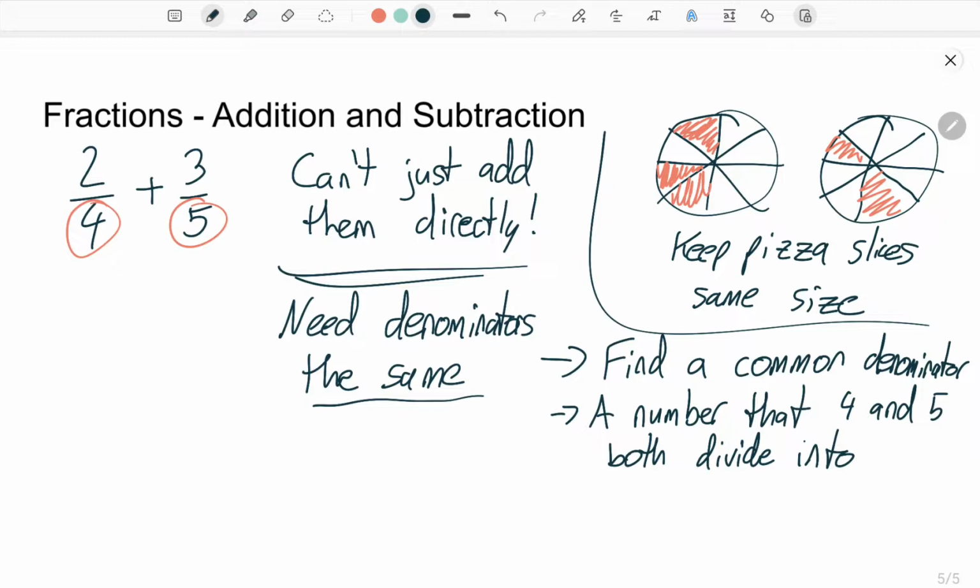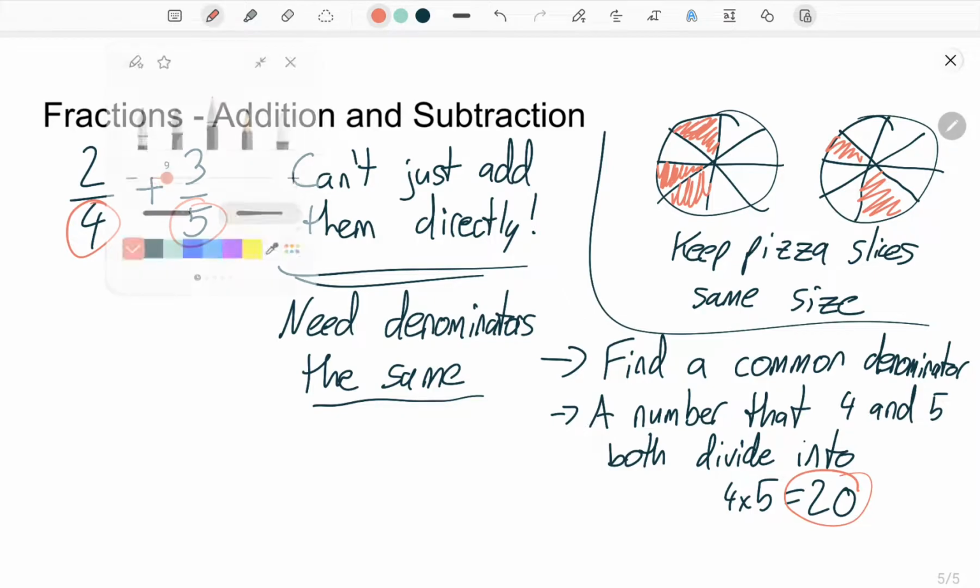In this case, one way to do it is you could just multiply the two numbers. 4 times 5 equals 20. Since we've multiplied them together, they definitely can divide into that number. And so we will use this as our common denominator. There are other methods as well, but we'll make use of this one.